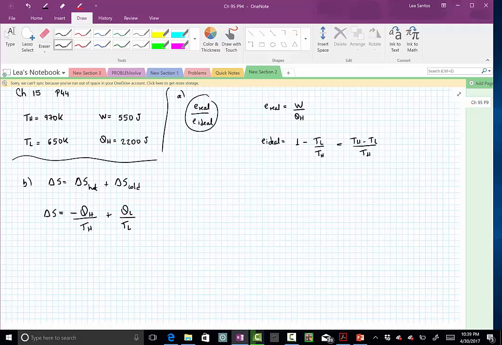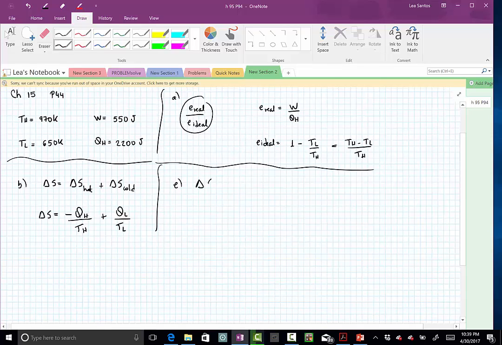How would we find it now for the ideal engine? For the ideal engine, we use the same thing. Again delta S, thinking about the hot and the cold reservoir.